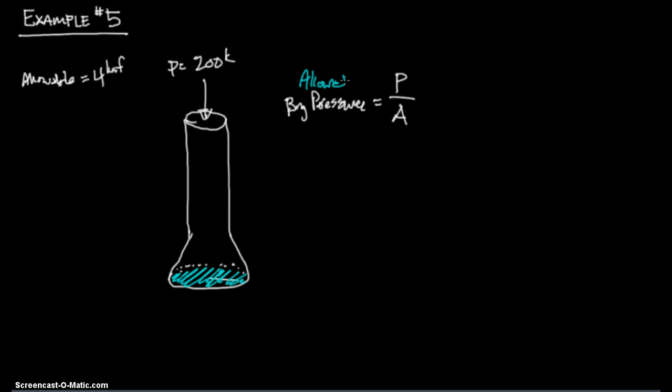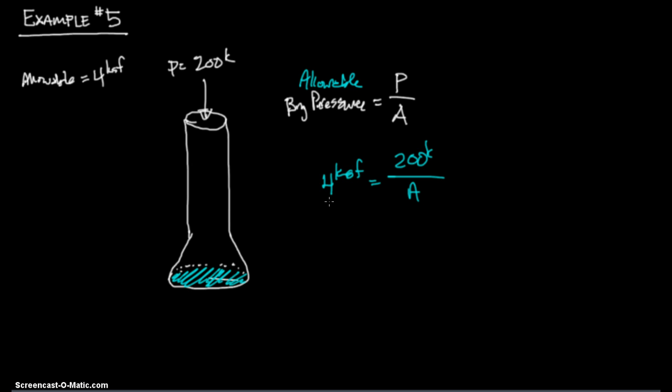So we know what our allowable bearing pressure is. Put allowable here, and that's going to be 4 KSF. And then we have P is 200K, so we solve for A. Obviously A is going to be the area of that circle.